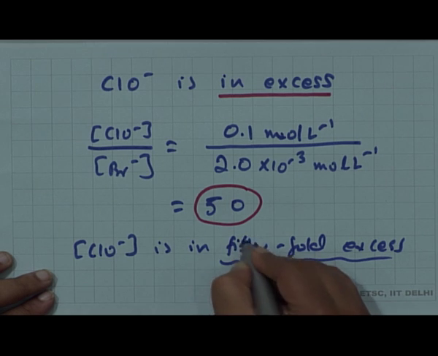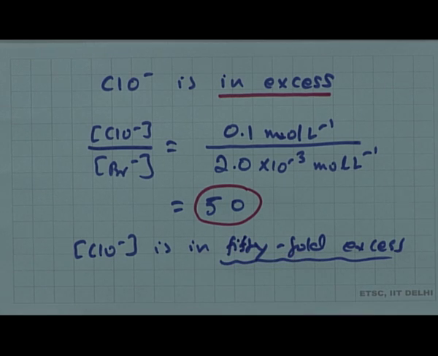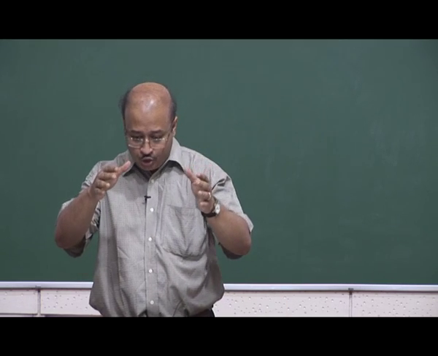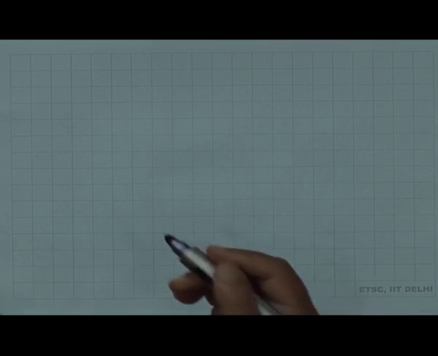ClO minus is 50 fold in excess than Br minus. Now, let us see what is the effect of this. So, that means you let the reaction run and what you do is you plot kinetic profiles. So, let us now look at the kinetic profiles of the two reactants, being hypochlorite and bromide.